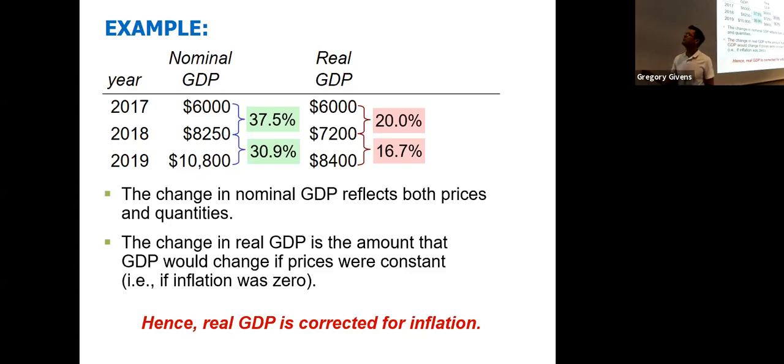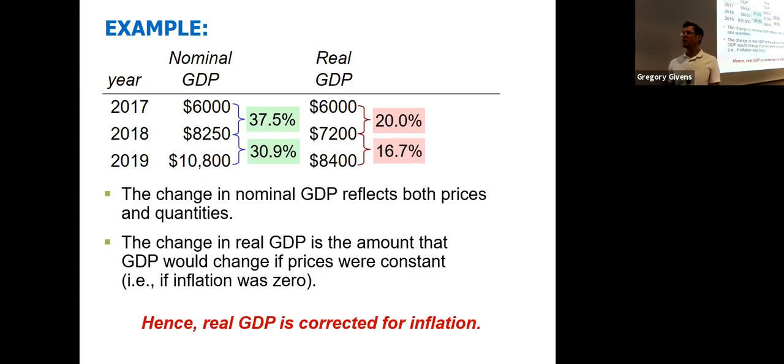Which of these 2 measures of economic activity do you think is better for telling us something about how healthy an economy is? Real or nominal GDP? Which is a better measure of economic well-being, so to speak? Sean? Probably real GDP, right?